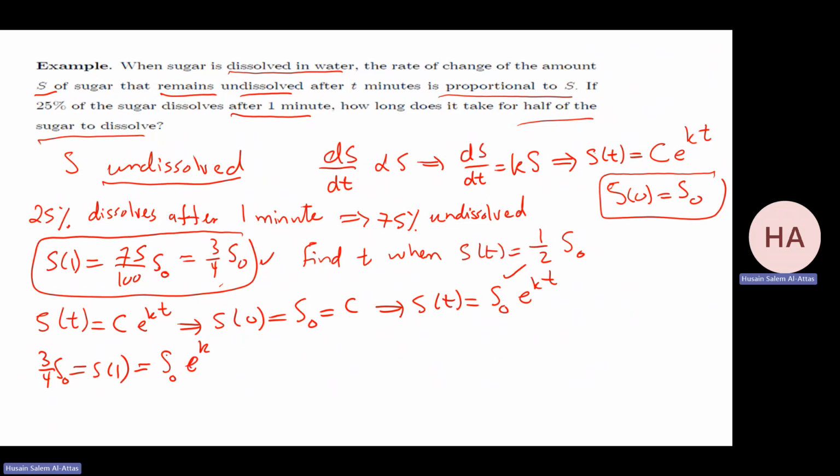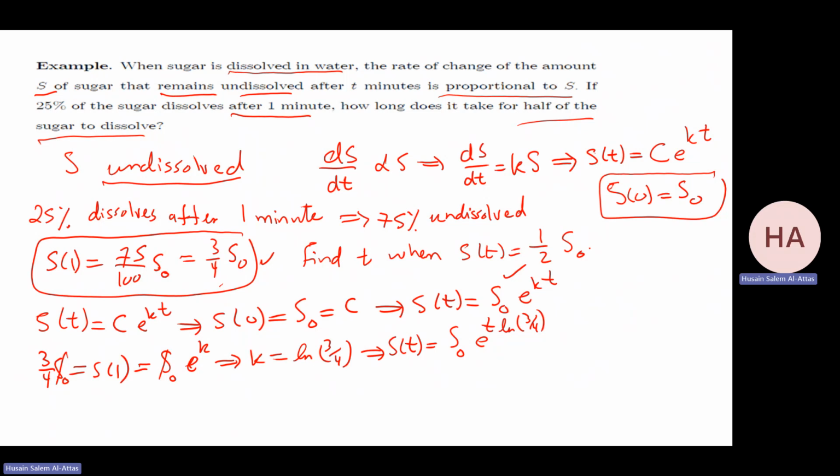E to the power k, cancelled. That means k is ln 3 over 4. So that means S of t will be S of 0 e^(t ln 3/4).